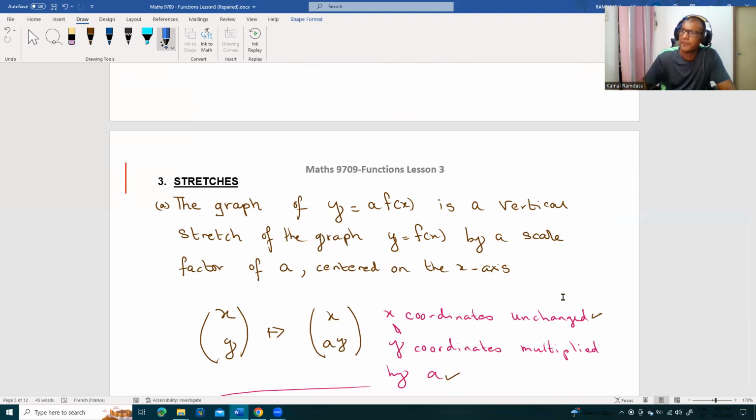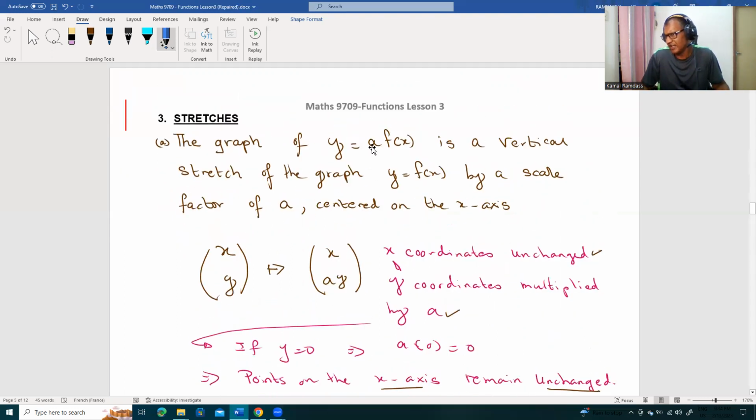The graph of y is equal to a f(x), a times f(x), is a vertical stretch of the graph y is equal to f(x) by a scale factor of a centered on the x-axis. Bon, comprends. Si jamais a est négatif, il peut être reflected stretch. Okay? Mais si a est positif, il n'est pas pour reflected, mais il peut être simply un stretch.